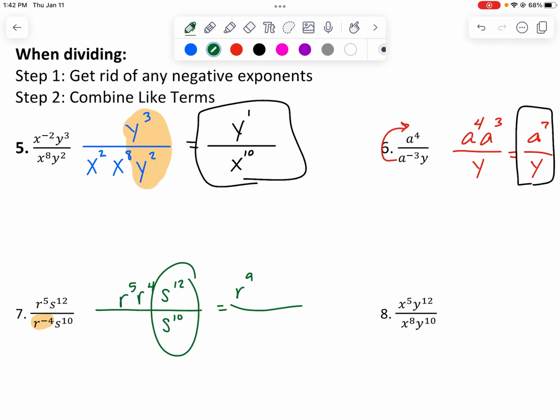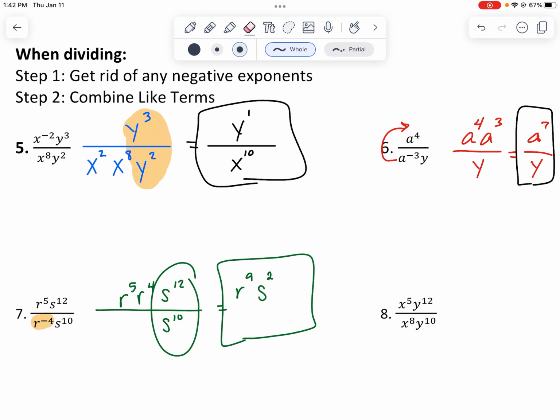I have more s's in the numerator, so I'll put s in the numerator. 12 minus 10 is 2. If you need a placeholder on the bottom in the denominator, you can always put a 1. You could also leave it just like this. That would be okay if you don't like the fraction, but I like the fraction. I think it's nice to have that.